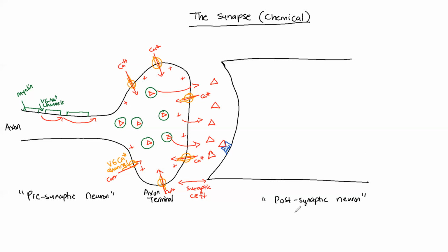If you remember us speaking about ligand-gated channels, we mentioned that a ligand is something that has to bind onto something in order to open it up. This is an example of the ligand-gated channels, which we said existed predominantly along the dendrites and soma, and they are the ones that will bind this neurotransmitter.